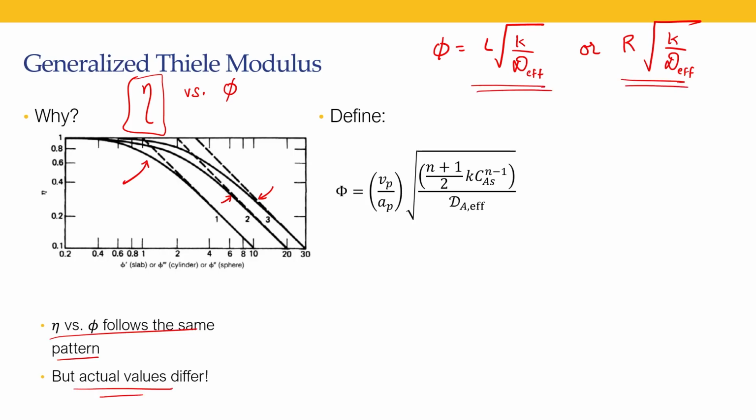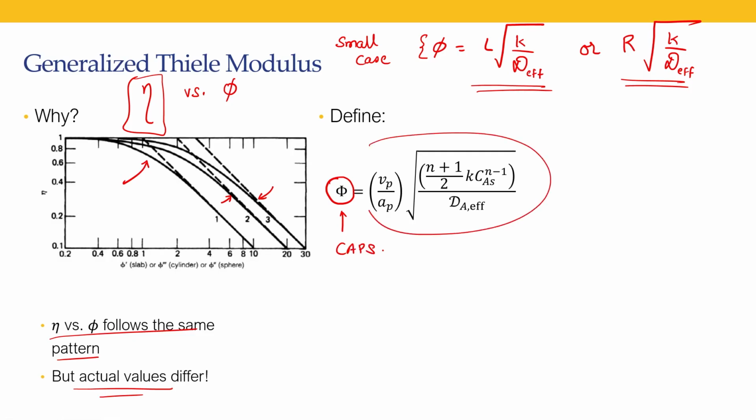if we are using the Thiele modulus based on the derivation. In the 1970s, what was done is we defined a generalized Thiele modulus. For the regular Thiele modulus I am using small case phi. For the generalized Thiele modulus I am using capital phi. Generalized Thiele modulus is defined like this for an nth order reaction.